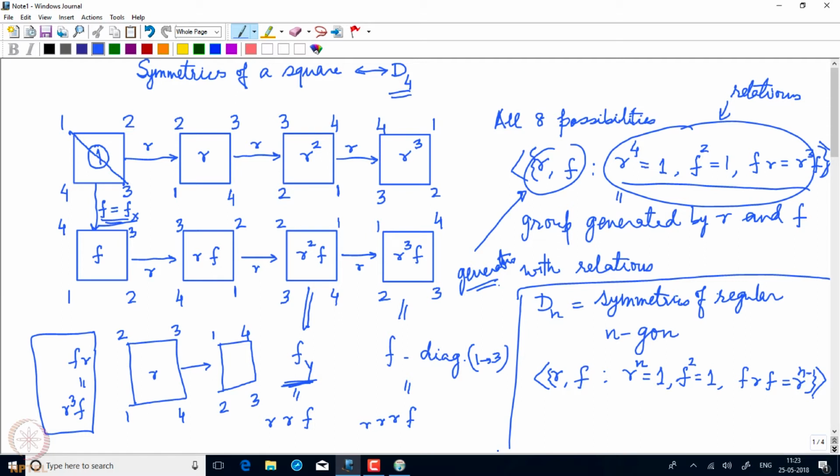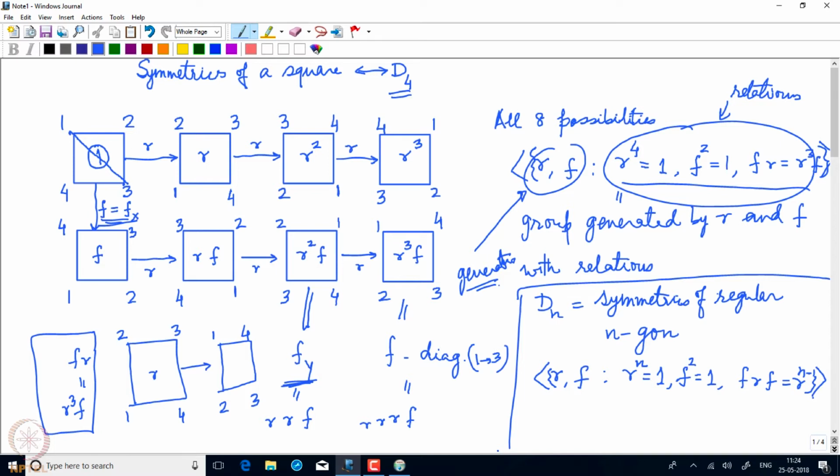In general, it's very difficult to determine from generators and relations what exactly is the structure of the group, what exactly does the group look like. The same group can be expressed by a different set of generators and different set of relations. That's quite possible.